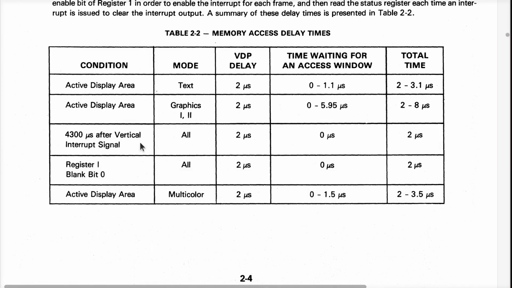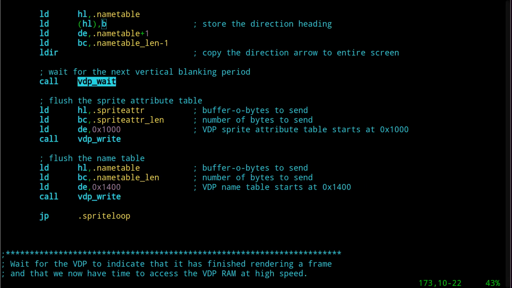So what happens is, for 4,300 microseconds after the vertical interrupt signal, I can write continuously as long as I don't write more often than once every 2 microseconds. As I mentioned last time, if we're drawing in the active display area at the point in time when we're moving data, I cannot go more quickly than 1 byte every 8 microseconds. So that's why this is all important, that we keep track of when we can talk fast, when we can talk slow, and all this other stuff.